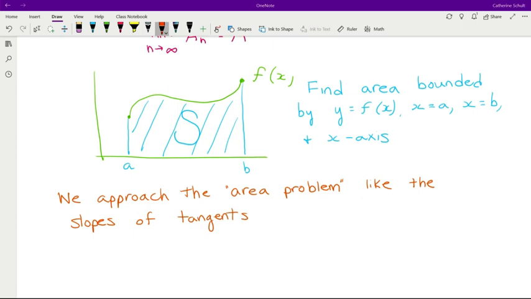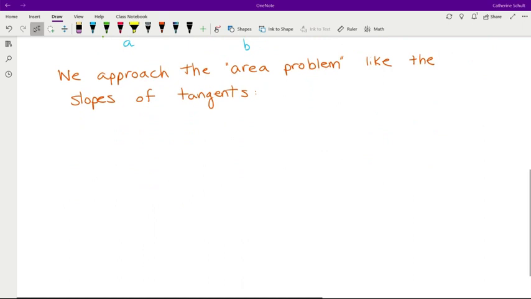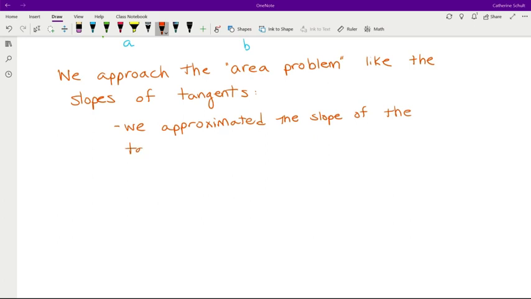What we had to do is we approximated the slope. Remember how tedious that was? We approximated the slope by using slopes of the secant line.